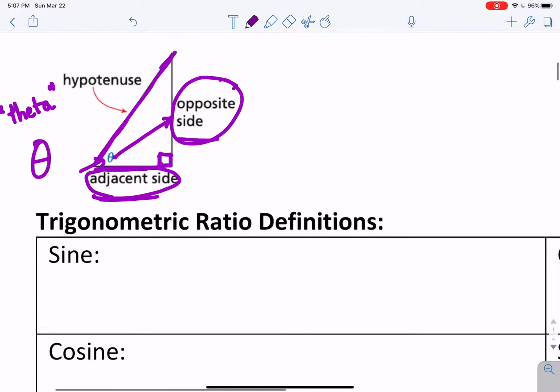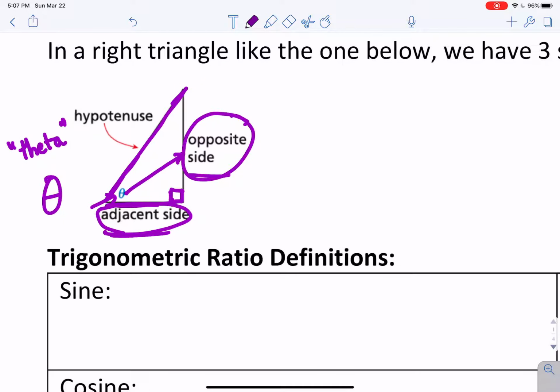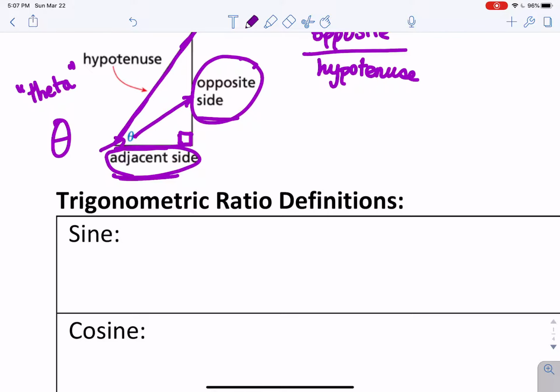From this, we can think about ratios of these sides. So ratios of fractions, so basically taking one of the sides, like taking the opposite side, and then dividing it by the hypotenuse. That's a ratio of two side lengths. And we give it a special name. This opposite over hypotenuse is called the sine.